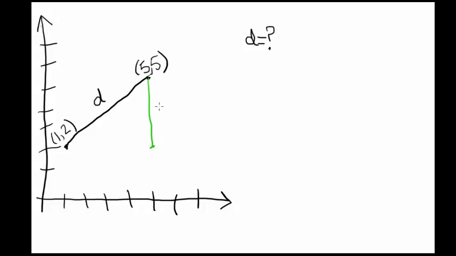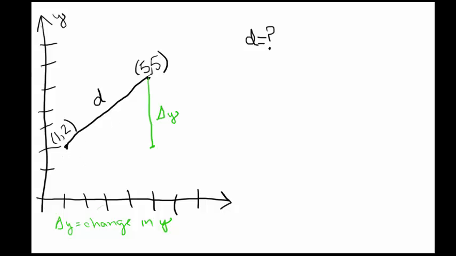We know this distance here. We're going to call this distance delta y, and delta y represents the change in the variable y. And we're calling that delta y in particular because for the moment we're assuming that this is our y-axis.